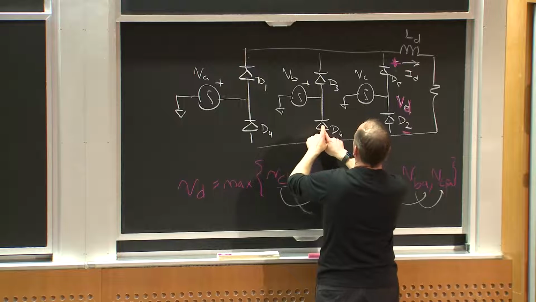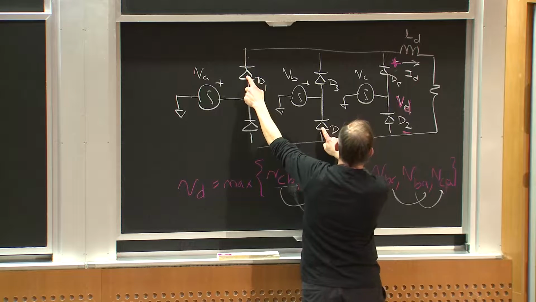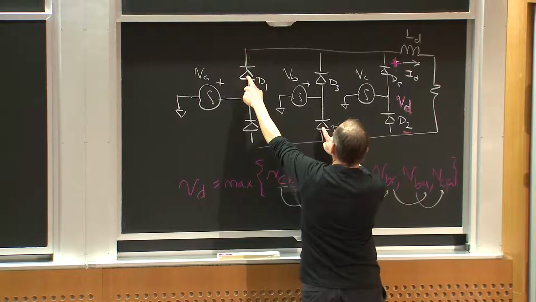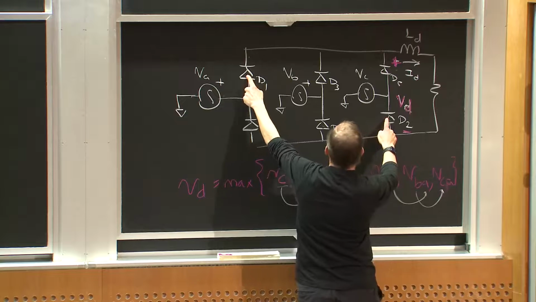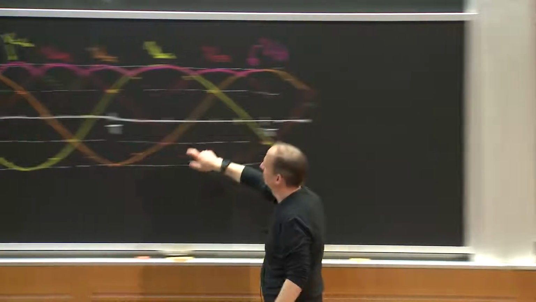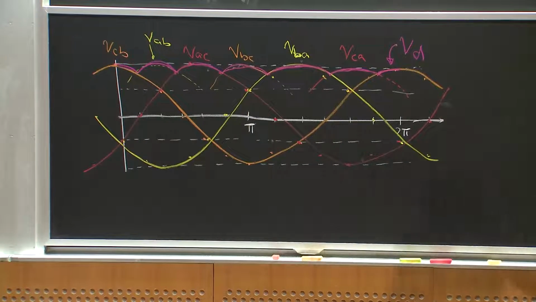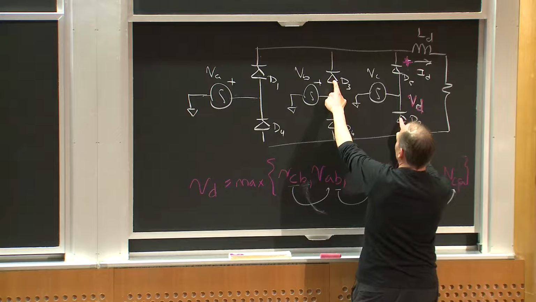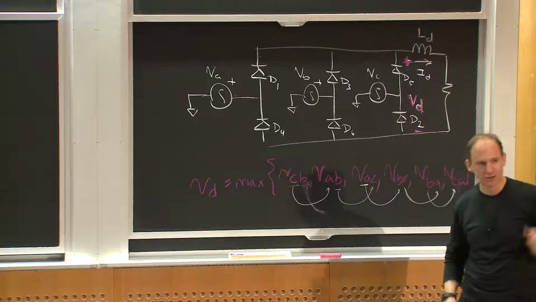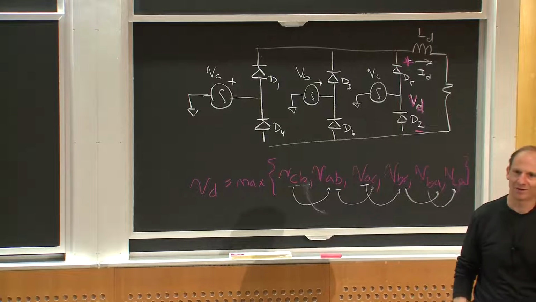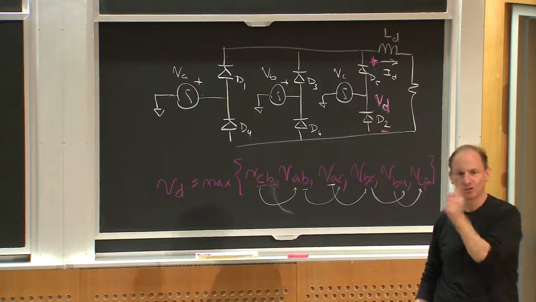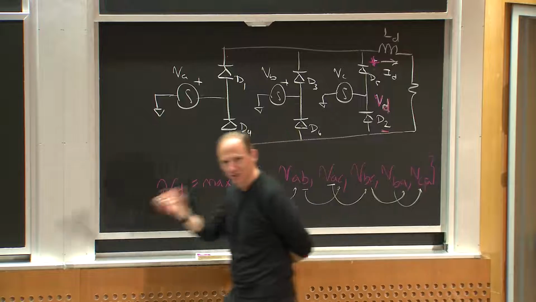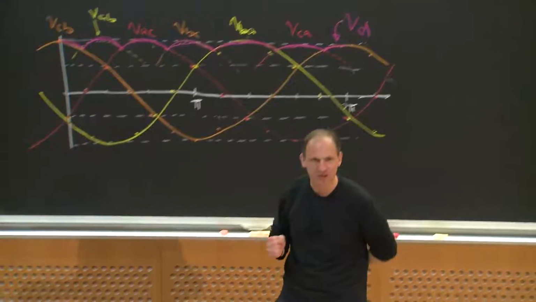What's the next one that's going to conduct? It's D1, D2. VAC is going to be next. So it's going to go 6, 1, 1, 2, 2, 3. Then it's going to be VBC max, and the conduction order is 1, 2, 2, 3, 3, 4, 4, 5, 5, 6, 6, 1, and so forth. So we sequentially number our devices so that you get consecutive segments conducting.